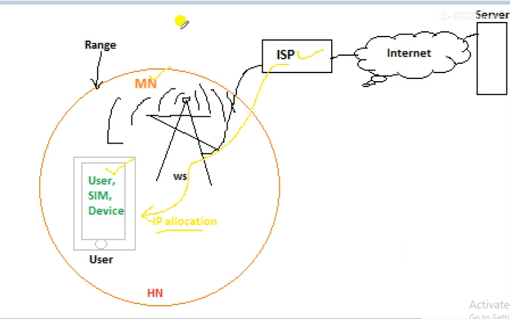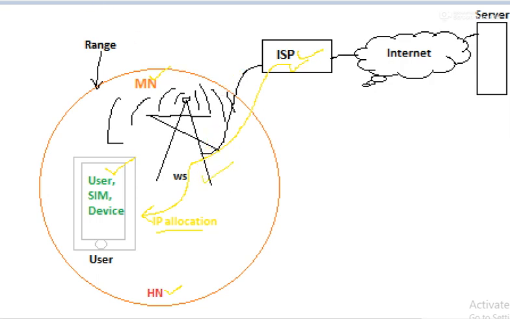So here this is the home network. Now when it is considered as home network, even though this network is in short established by this internet service provider, this circle defines the range of this wireless station basically.